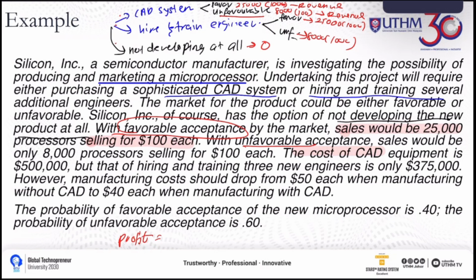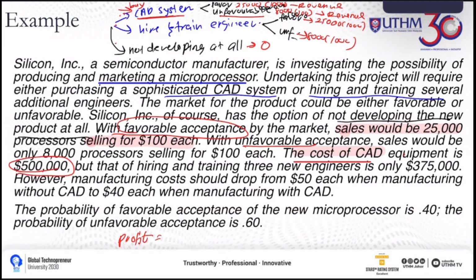You have cost here. The cost of CAD equipment is 500,000. So we buy the CAD system. So we have cost under favorable, which is $500,000.